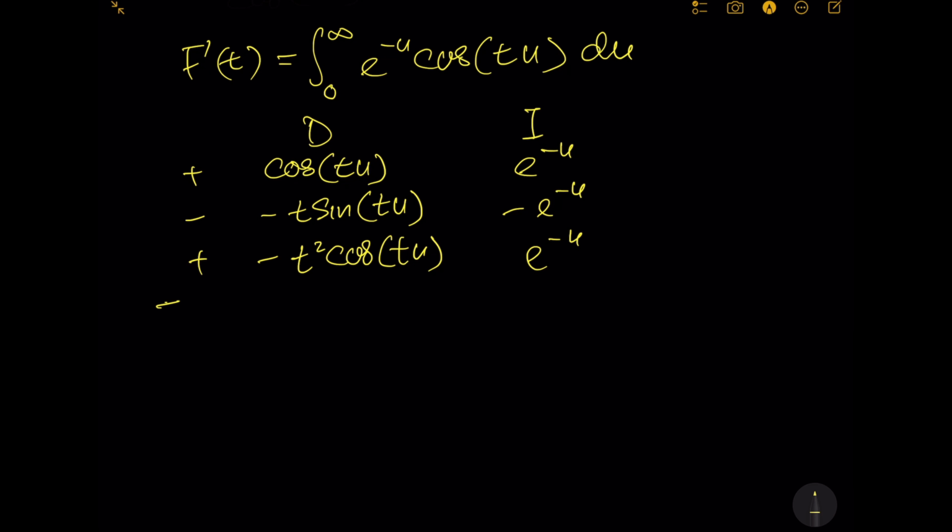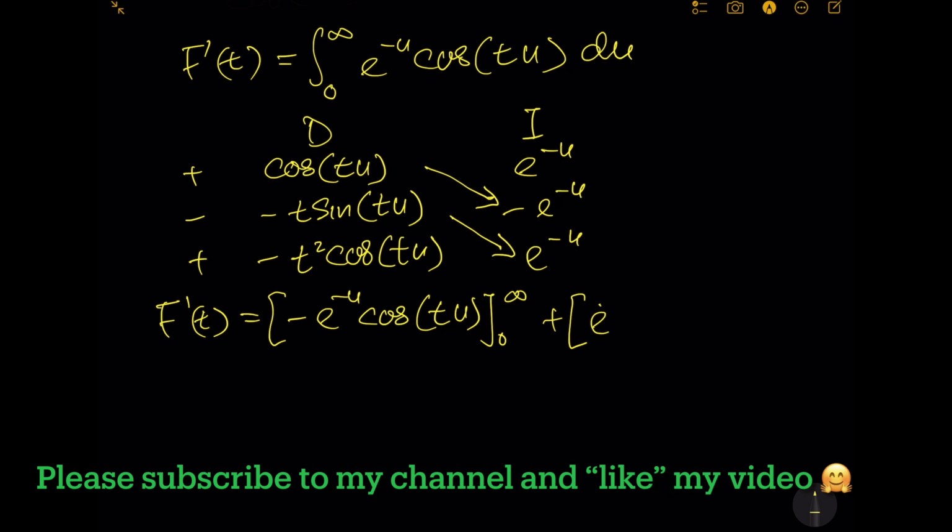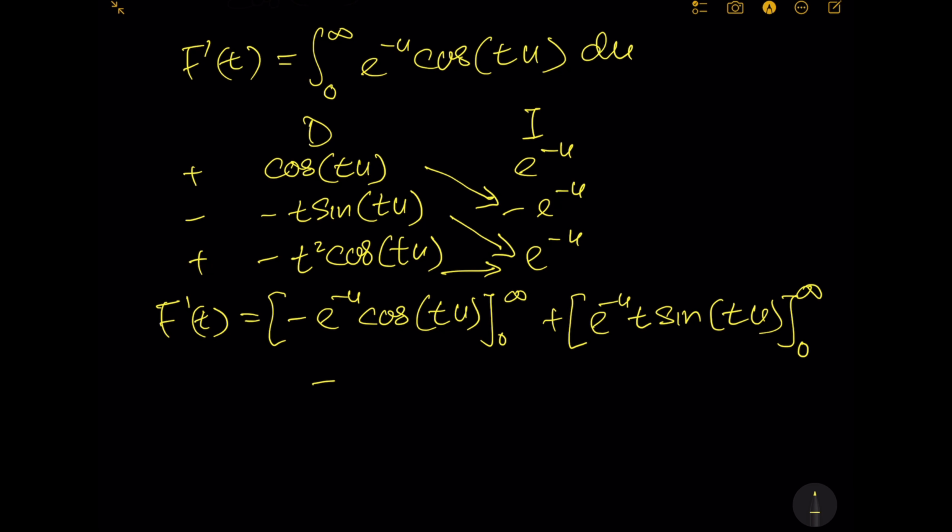From here we get f prime t equals negative e to the power of negative u times cosine(t u) for u from 0 to infinity. The next term is plus e to the power of negative u times t times sine(t u) from 0 to infinity, minus the integral from 0 to infinity of t squared times e to the power of negative u times cosine(t u) du.